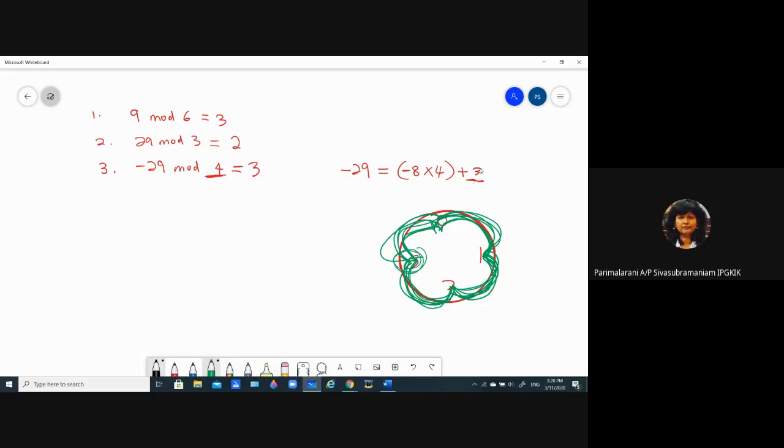So the answer is 3. Okay. So for a big number like this, better to work it out like this. Okay, one more. Negative 49 mod 5.